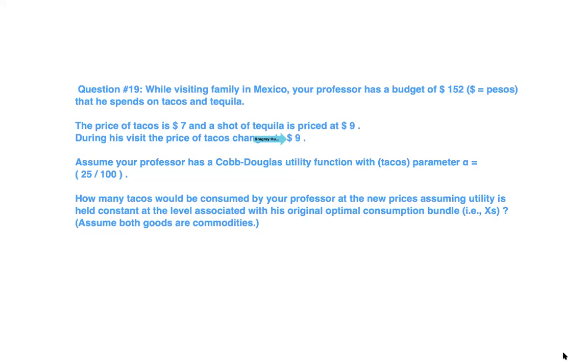So this is a case where we have a price change that's a price increase. Okay, you with me, Sonika? Yeah. So initially, we're going to have a budget like this. Remember, tacos is on the x-axis. And when tacos get more expensive, it's going to rotate in like that. Does that make sense?